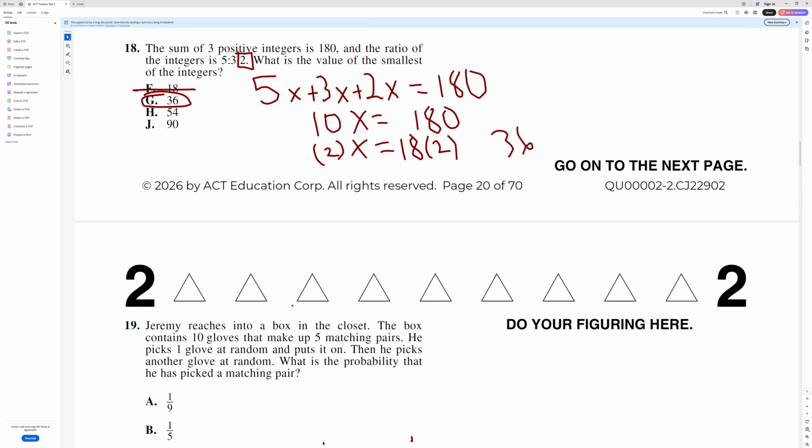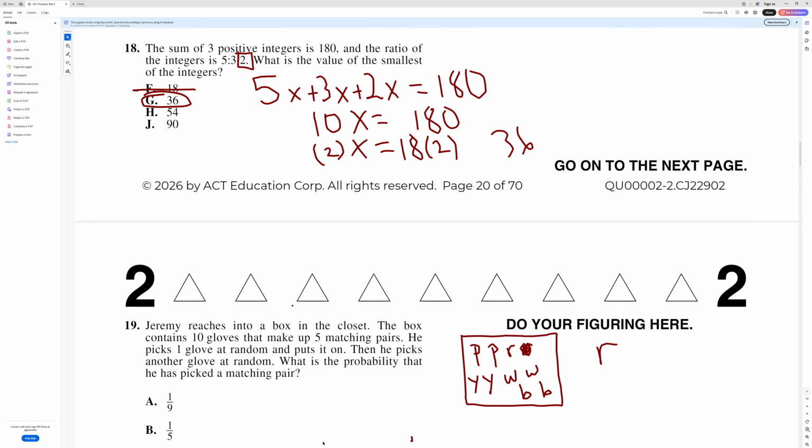Jeremy reaches a box into the closet. The box contains 10 gloves, and he picks one at random. 5 matching pairs means that there are 5 different pairs. So let's go by color. Let's say inside you have gloves in purple and purple, red and red, yellow and yellow, white and white, and brown and brown. So you pick one at random. Let's say you pick one of the red ones. So let me take it out, and now the R is outside.